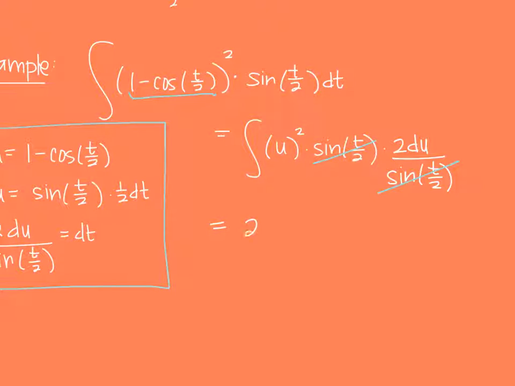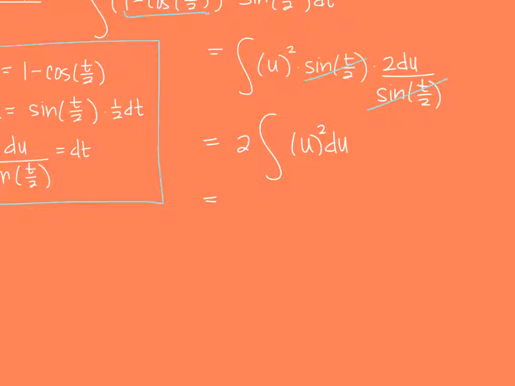The 2, the constant. So that'll leave me with the 2 times the integral of u squared du, and then that will simplify. So then we're looking at 2/3 of u cubed plus c. All right, so then we're left with 2/3 of the quantity now, 1 minus cosine of t over 2, that quantity now raised to the 3rd power plus c.